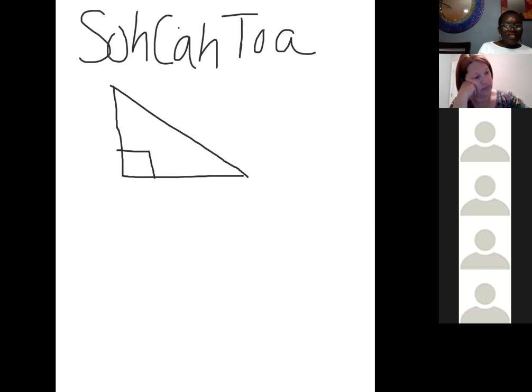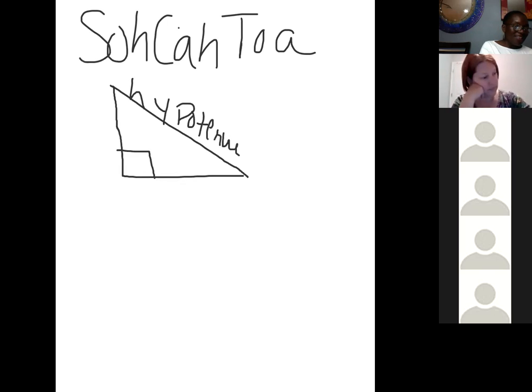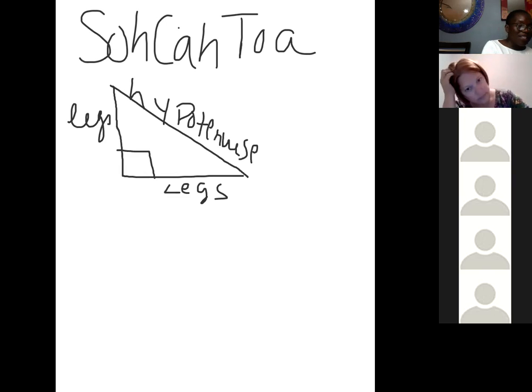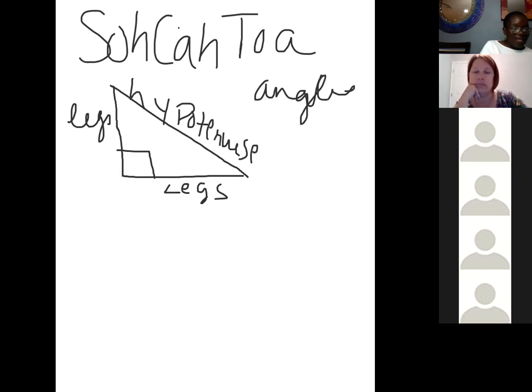So here's a right triangle. This is the hypotenuse right there, and then the other sides are the legs of the triangle. Now, this is all based on the angles, guys. I am going to discuss this angle here.